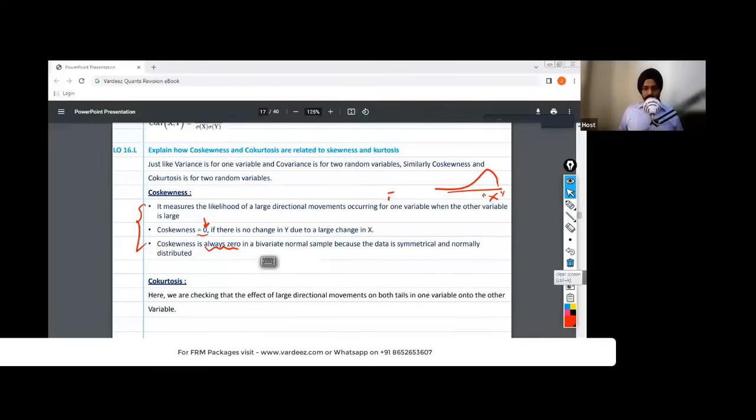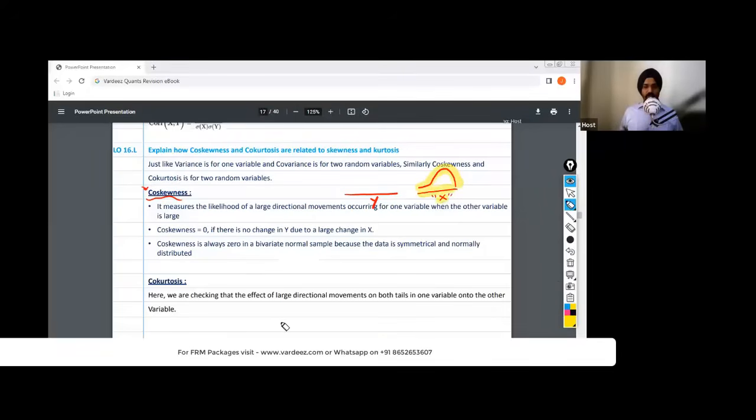So basically what we are saying in co-skewness is that we observe one variable, let's say X. What do you mean by co? Co means two things, right? Two variables. And we have another variable Y. Fair enough. And we pull up this data and we see that our original distribution is skewed.